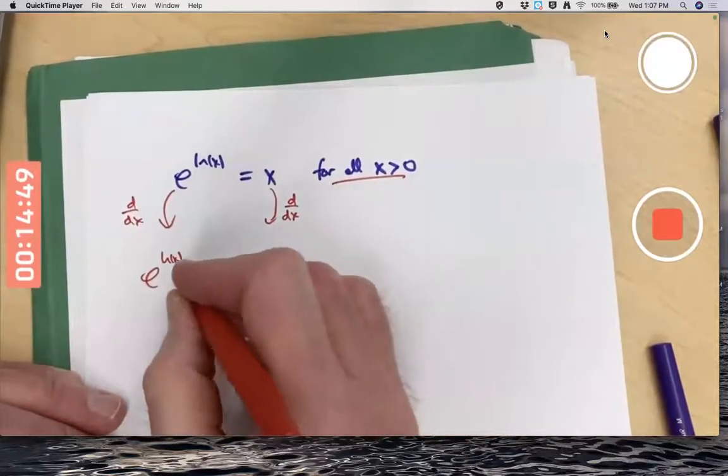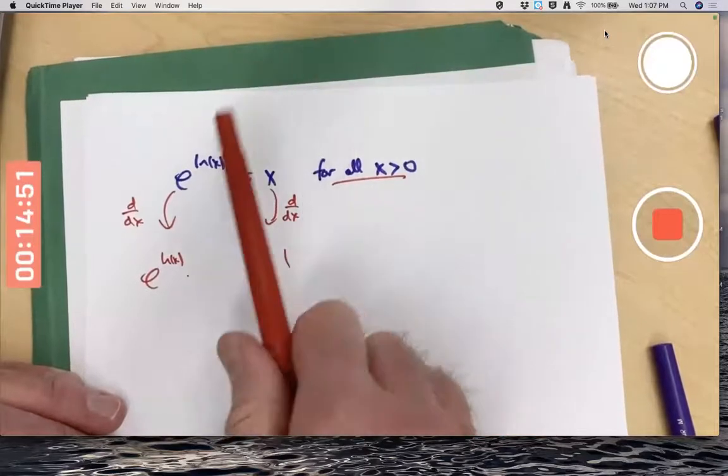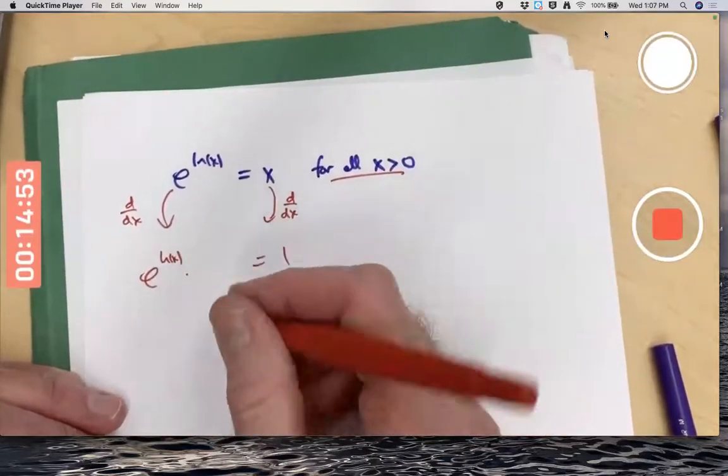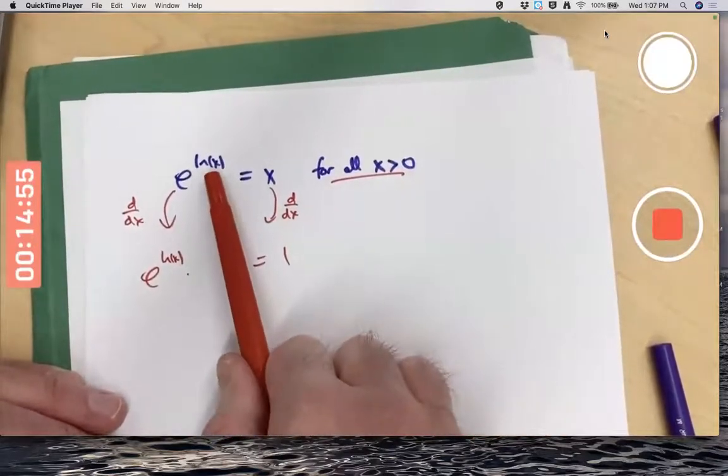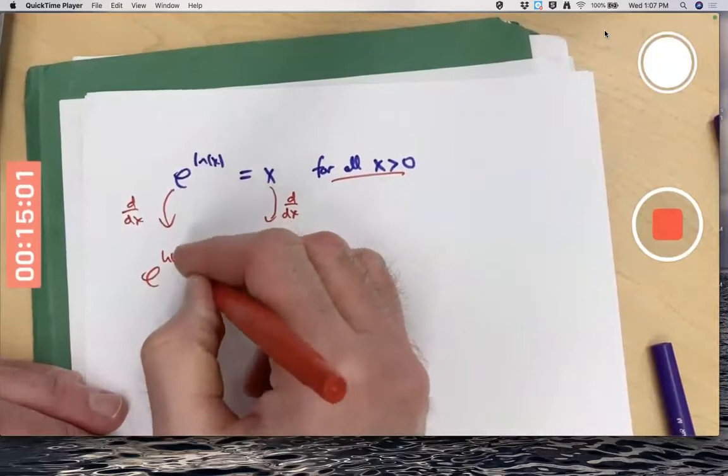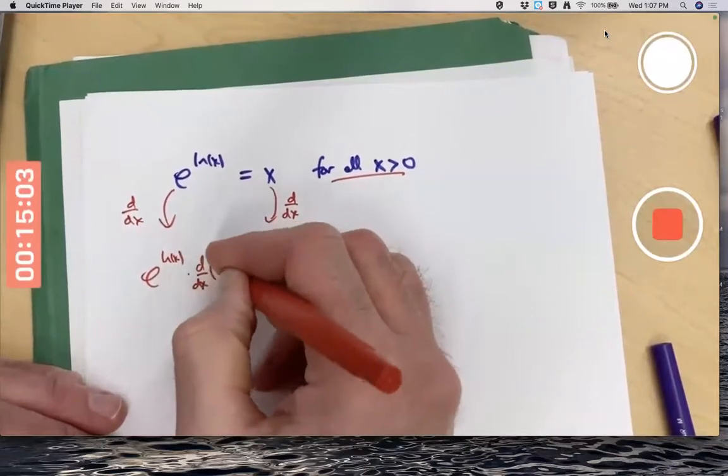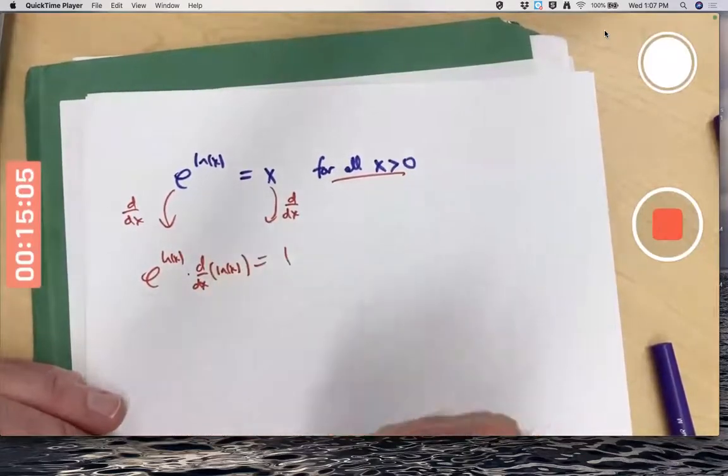Then multiply times the derivative of the inside function. But wait a minute, I don't know the derivative of the inside function. That's what I'm trying to find. Well, that's okay. Just go ahead and write it symbolically. d dx of natural log of x, whatever that happens to be.